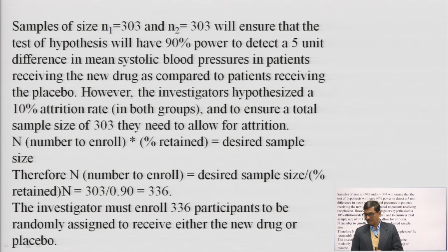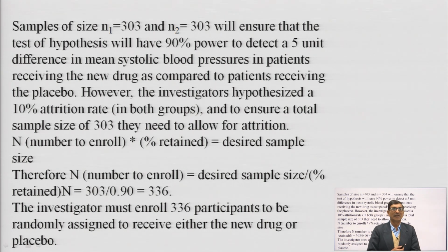Therefore, as 10% of patients drop out, we must enroll more in our study. The sample sizes n1 and n2 of 303 will ensure that the test of hypothesis will have 90% power to detect a 5 unit difference in mean systolic blood pressure in patients receiving the new drug as compared to patients receiving the placebo.